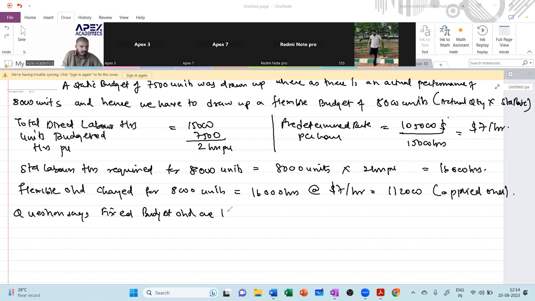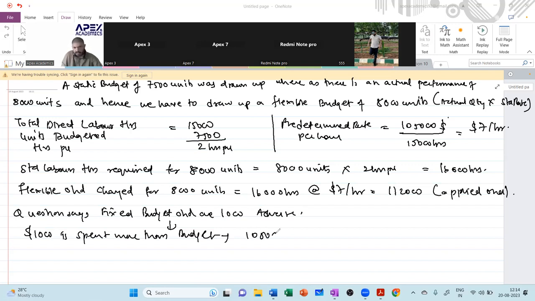Overhead are 1,000 adverse. What is the meaning of this? It's $1,000 is spent more than budgeted. What was budgeted? 1,05,000 was budgeted. Add 1,000 adverse.